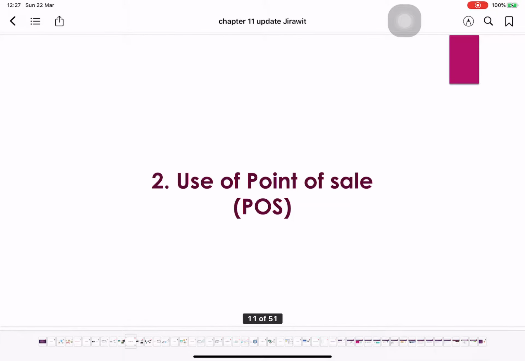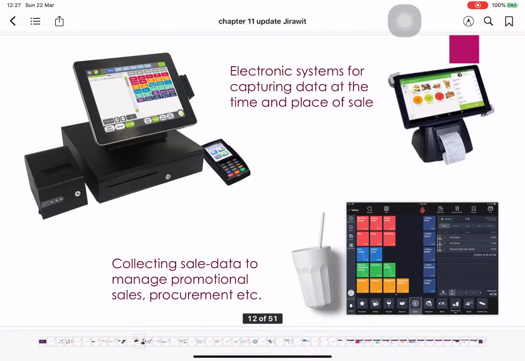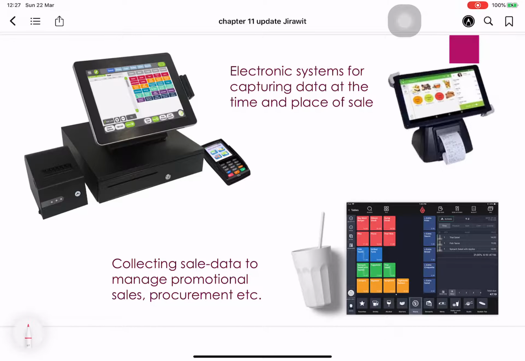Number 2 is the point of sale, or POS. Sorry, point of sale. When you pay for something, the cashier will use this application to receive your money or check your service or product, and then you give them cash.